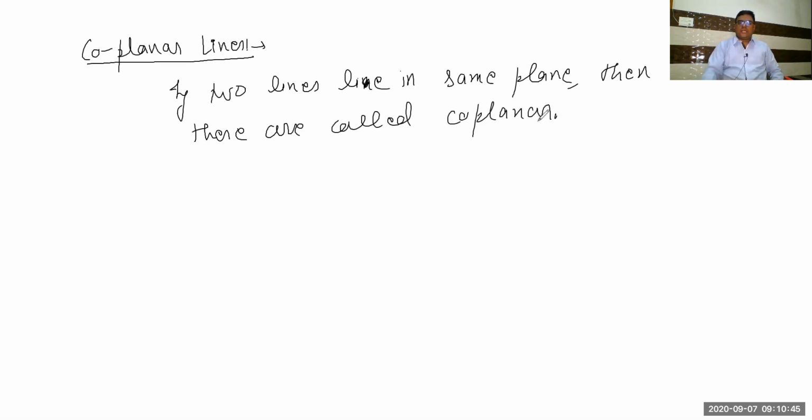Coplanar lines are of two types: they are either parallel or intersecting.